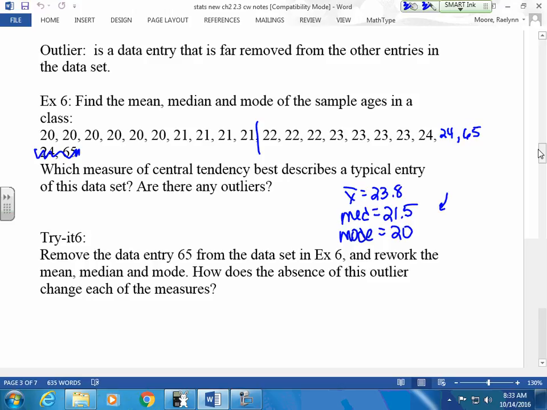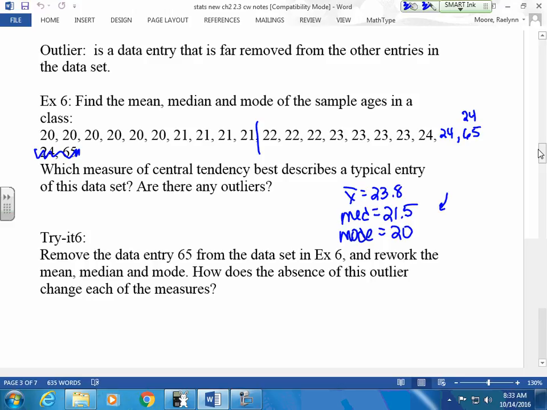Now, I want to know what effect this has on my data. So, if I want to, I could remove this guy. If I remove him, it might throw my median off a little bit because I changed the number of data. If I just made it a 24, what would it affect? Would it affect my median?